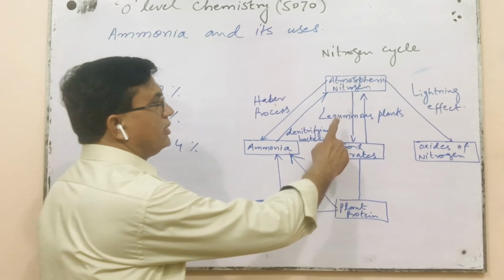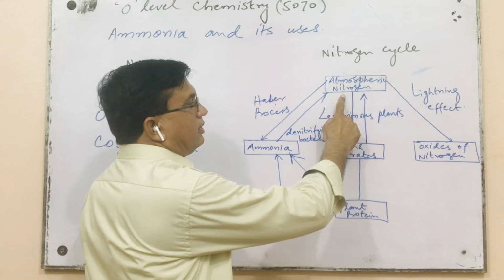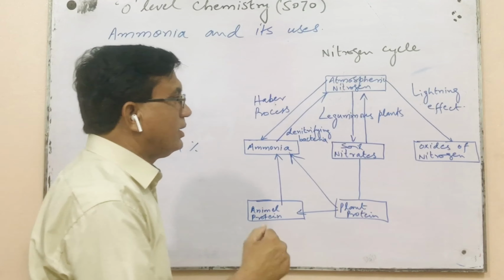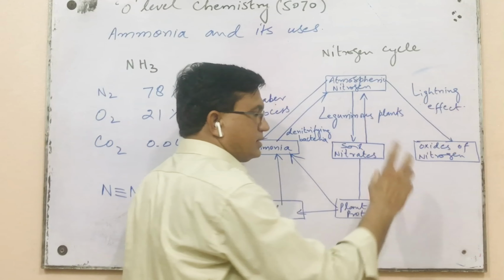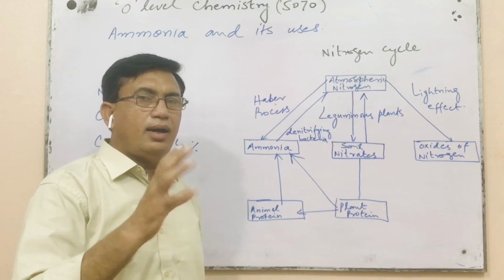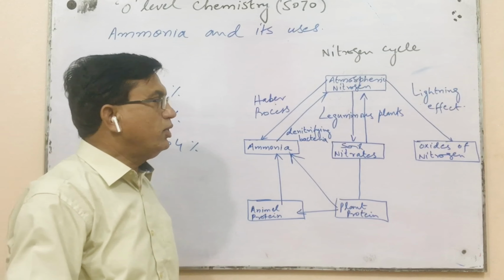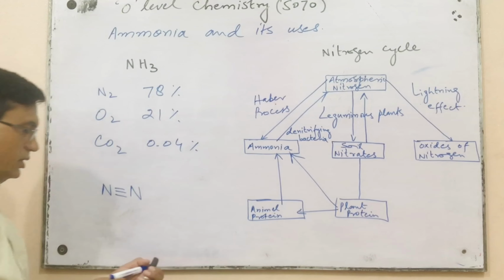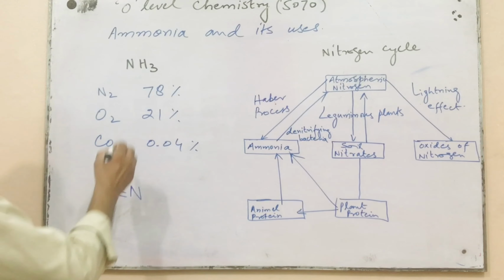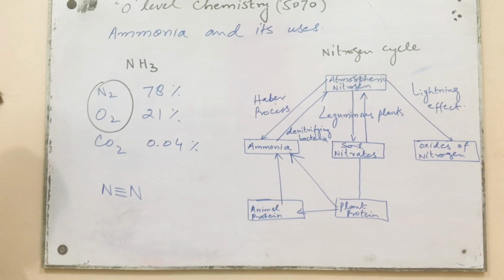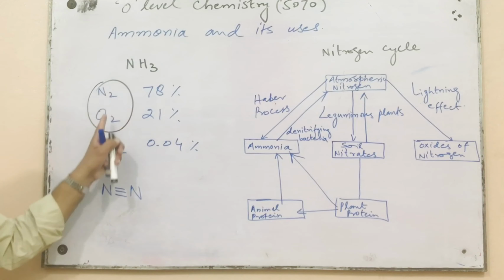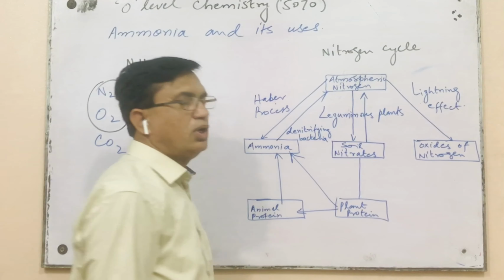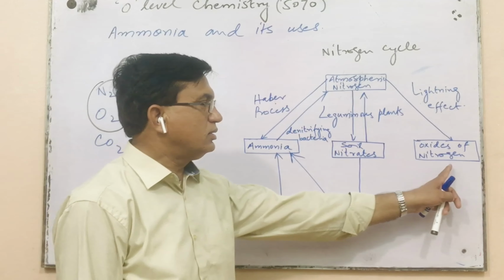If we start from here, atmospheric nitrogen is least reactive, but when lightning takes place, a high electrical charge is produced, due to which a high temperature is produced, which compels both of these gases to react, and nitrogen and oxygen react together to produce oxides of nitrogen.